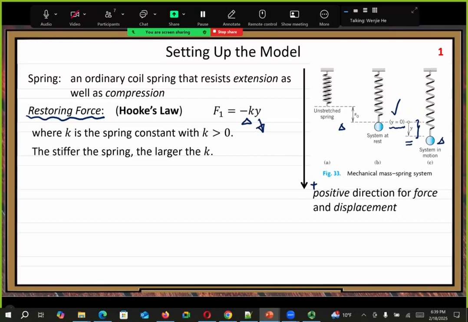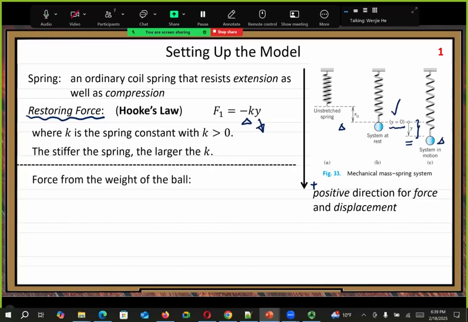Based on that understanding, now we need to consider setting up the differential equation for the system. There is the force from the weight of the ball, because the ball has some weight due to the gravity of the earth.